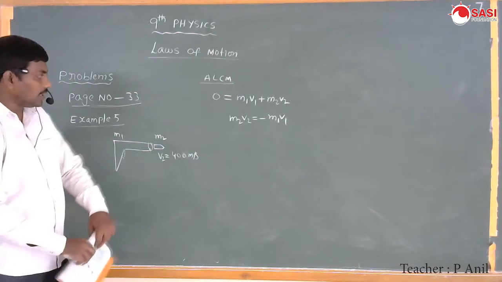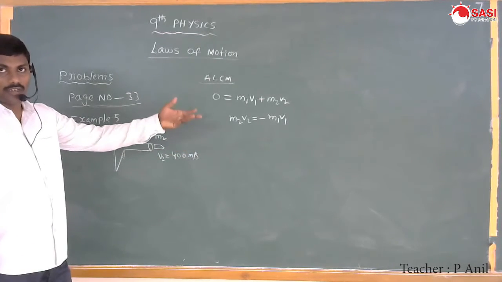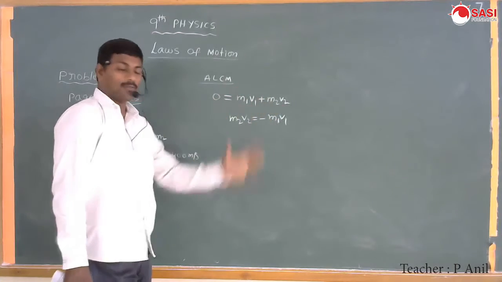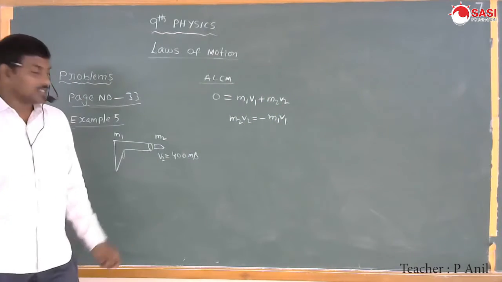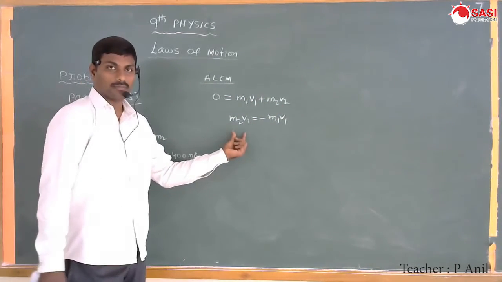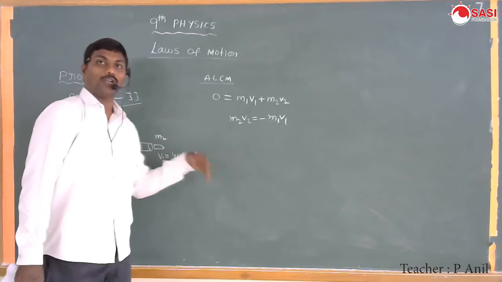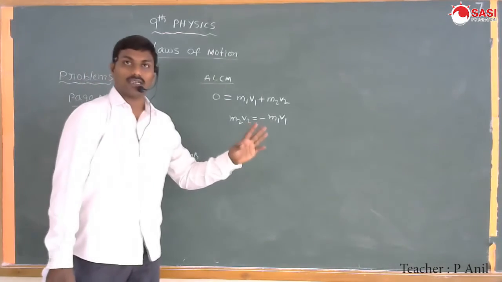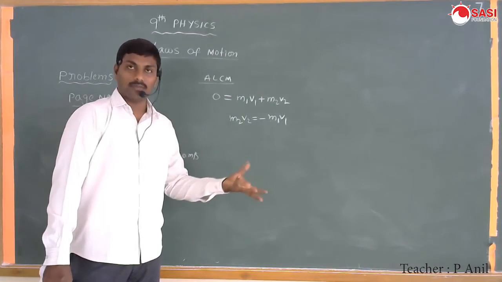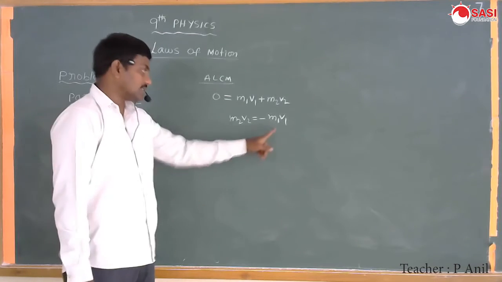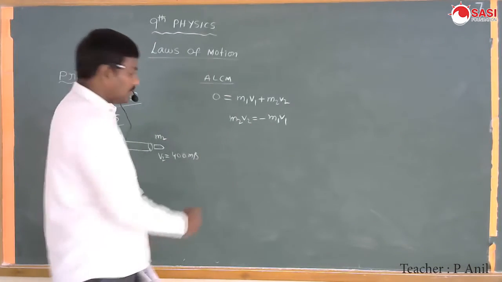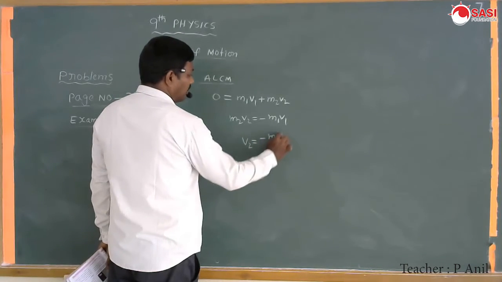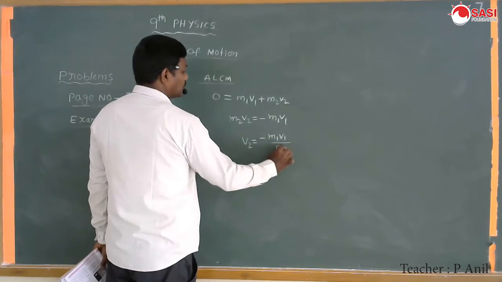Did you understand clearly? According to the law of conservation of momentum, total momentum before firing is equal to total momentum after firing. Before firing it is 0, since both bullet and cannon are at rest. After firing, the bullet moves and the cannon also moves with some velocity, let us say v2. From this, v2 is equal to minus m1 v1 by m2.